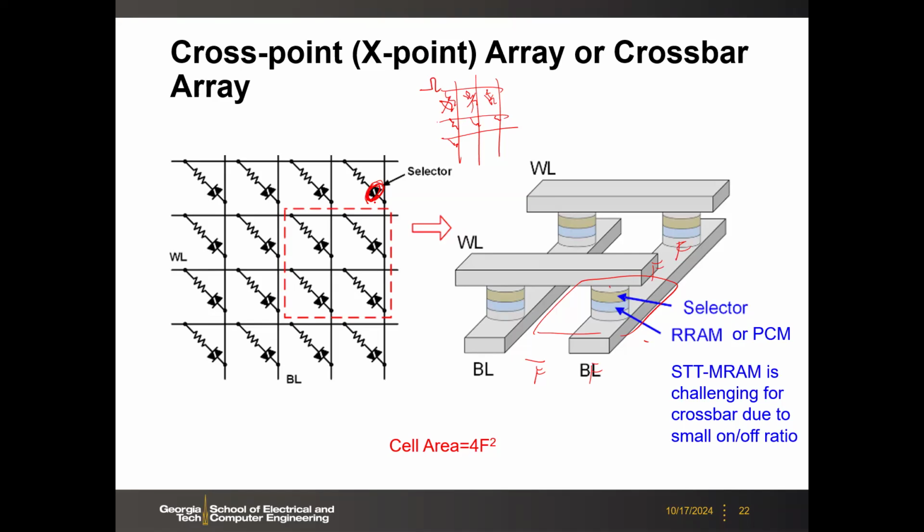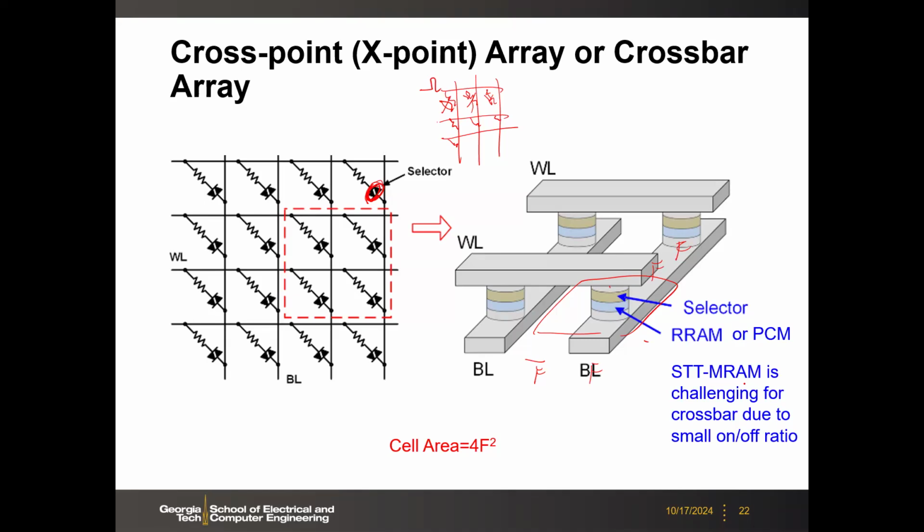We'll talk about that more in the next lecture. The key element, if you want to do this cross-point array, is that you have to have this selector in series with your resistor. And also in this case, you need a high on-off ratio. Typically, STT-MRAM's on-off ratio is not large enough. On-off ratio means the resistance ratio between the high and low resistance states.